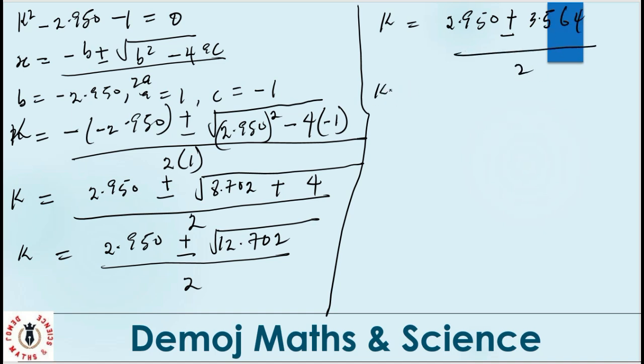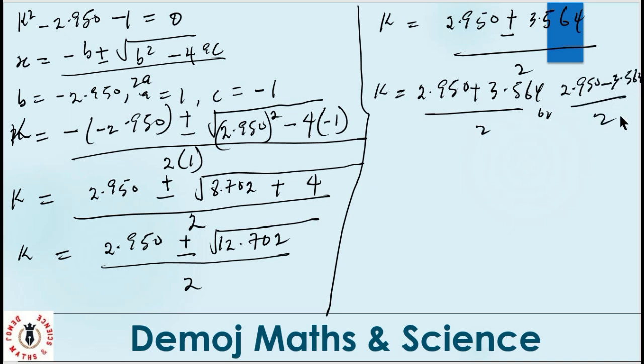So that k now is the same thing as 2.950 plus 3.564 over 2, or 2.950 minus 3.564 over 2.